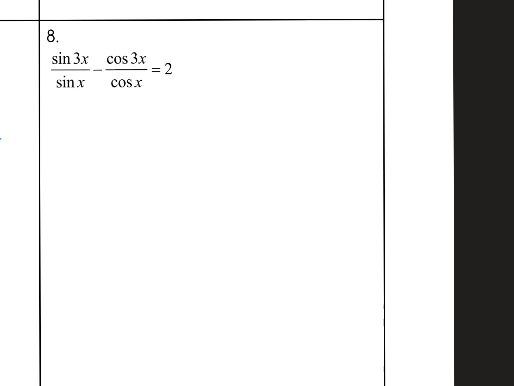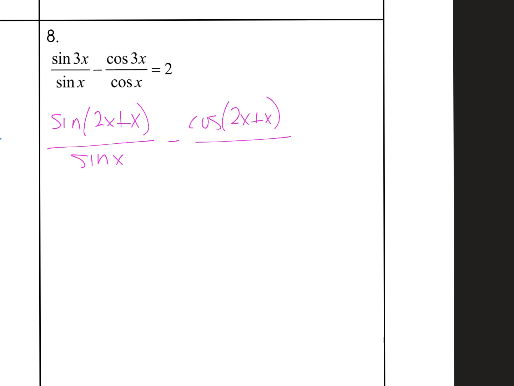What do we got? Sine 3x over sine x. I guess I will look at that as the sine of 2x plus x over the sine of x minus the cosine of 2x plus x over cosine x. So I'm going to be using the sum identities for both sine and cosine.